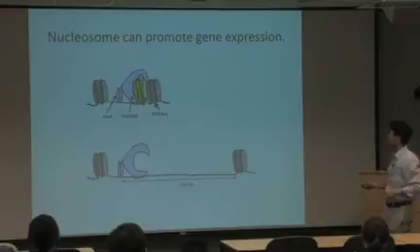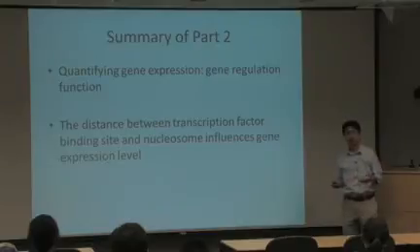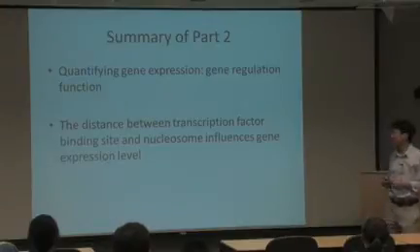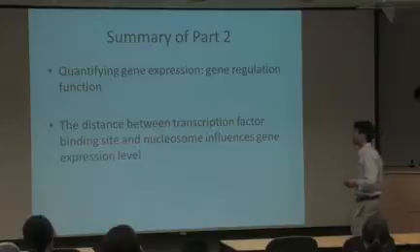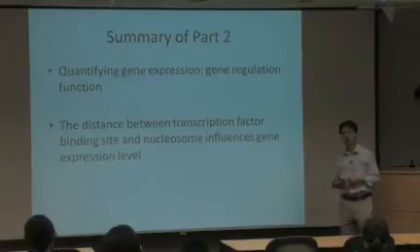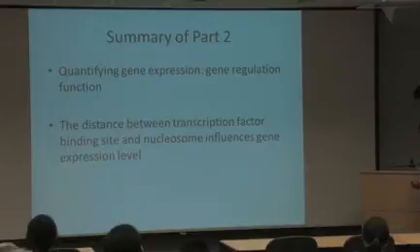Okay? So to summarize the second part of my talk, I just introduced you how we measure quantitative gene expression. And I also explained to you that the distance between transcription factor binding site and nucleosome is very important, and that could be modulated by nucleosome formation. So we think that nucleosomes sometimes can play an active role in gene expression.